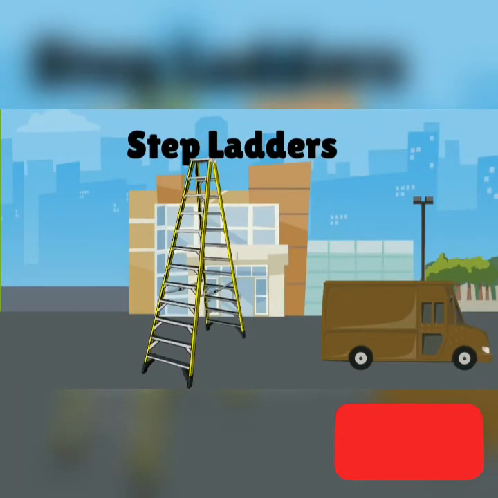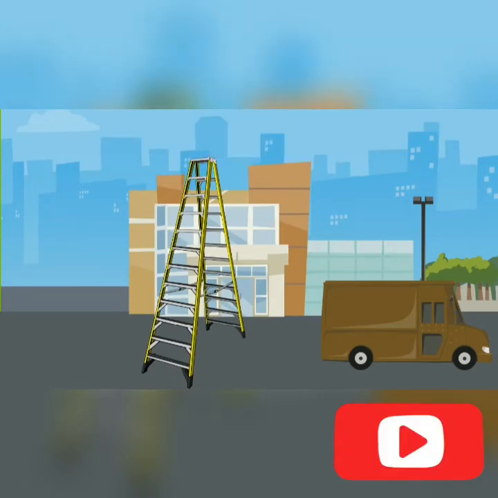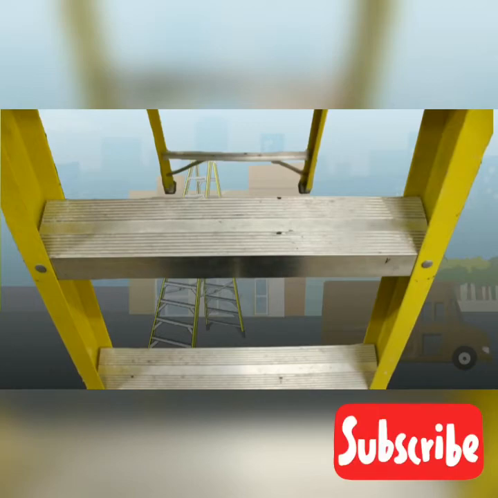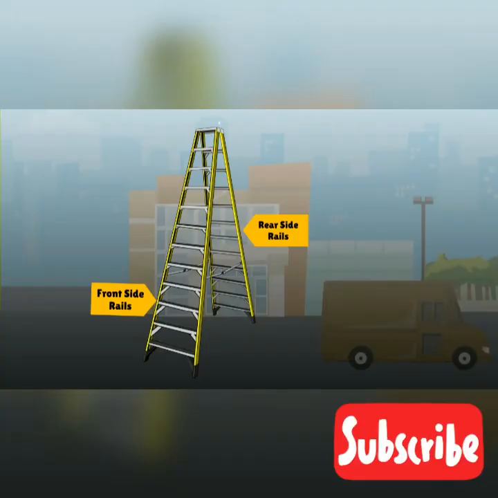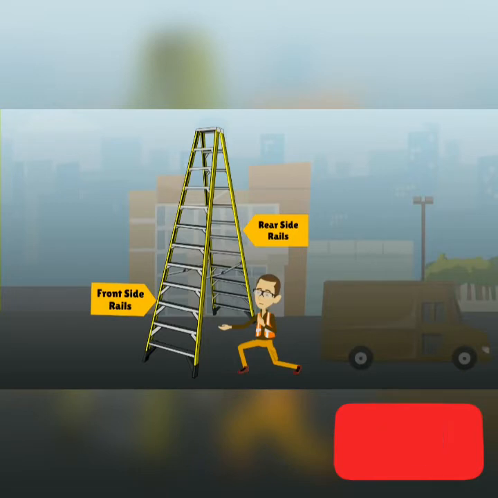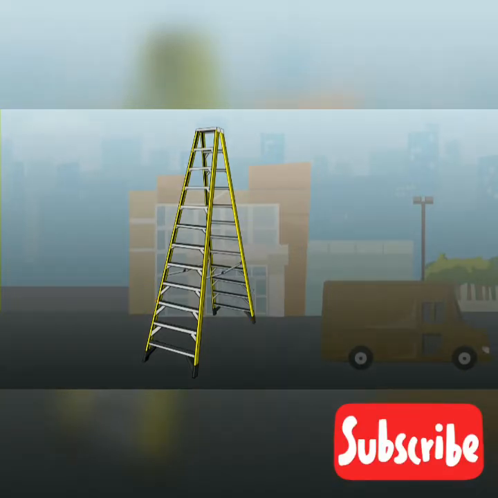Stepladders. A stepladder is constructed with wide, flat steps and two pairs of rails connected by a hinge at the top and that opens at the bottom so it can be freestanding without being attached to or supported by something else. Lock spreaders secure the two pairs of legs.